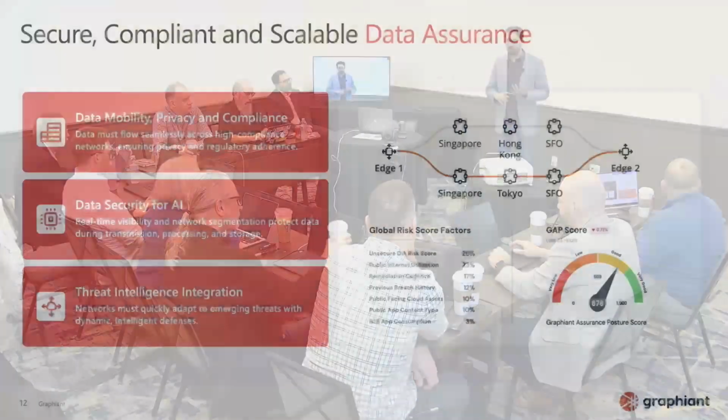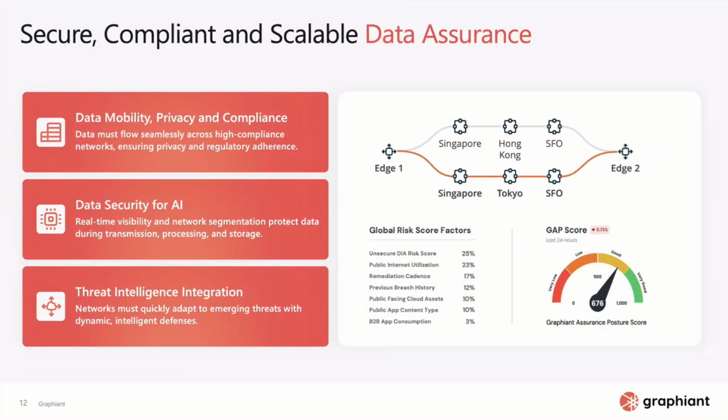Now, the third main use case for us is data assurance. What this means, how this relates to security and governance. The key aspect for us here is what I mentioned before about being able to monitor, audit, and control the traffic going through this Graphiant core. This all focuses on how do you give guarantees and assurances to your applications based on what their unique needs might be. You may care purely about SLAs, that's something you can do.